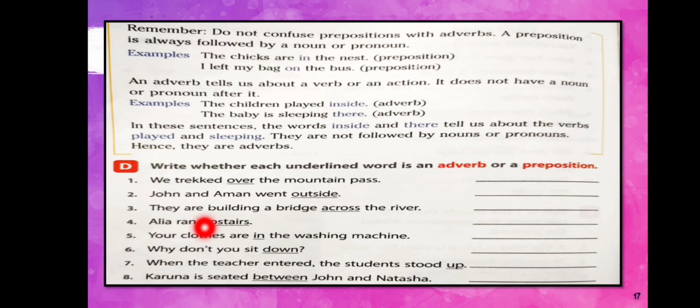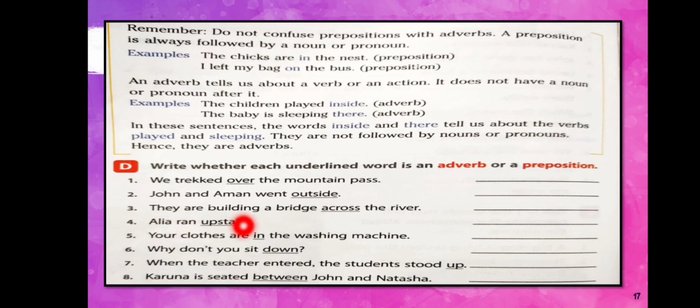Next sentence, they are building a bridge across the river. Here, after across, the river is given. The river is a noun, and it is preceded by across, so it's a preposition. We have to write preposition here.